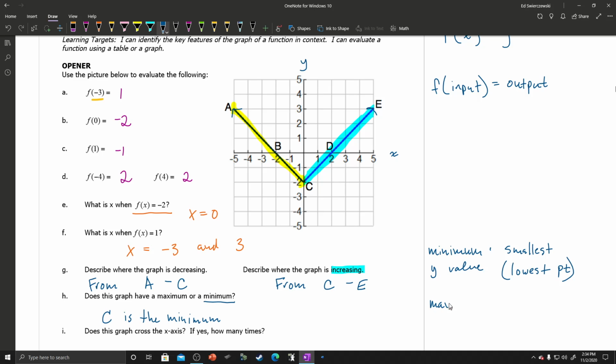And the maximum, well, that would be the largest y value or the highest point on the graph.